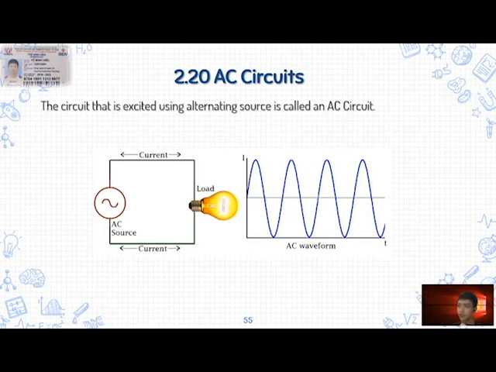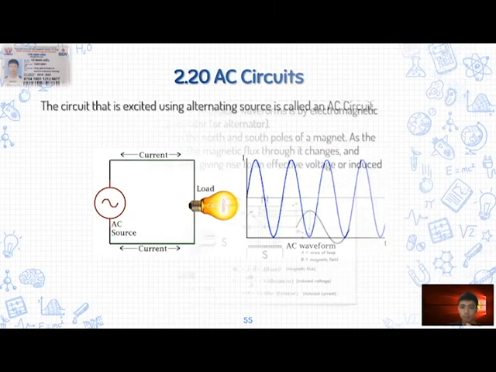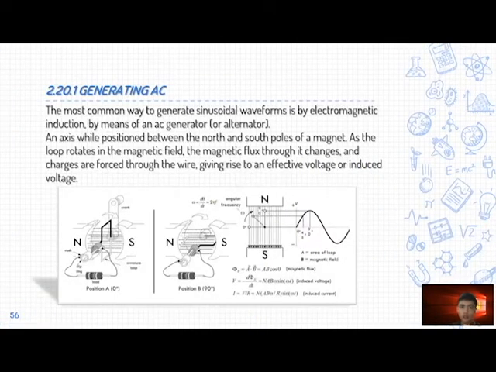In a DC circuit, electrons will flow in only one direction, while an AC circuit is opposite. In an AC circuit, not only does the current change direction, its voltage is also periodically reversed. And the AC circuit has an AC waveform. How to generate AC?